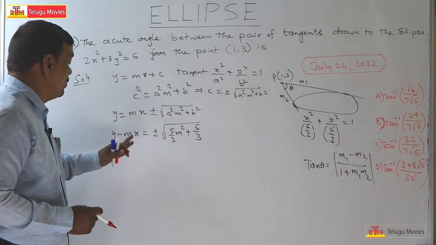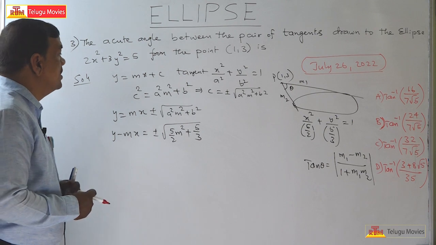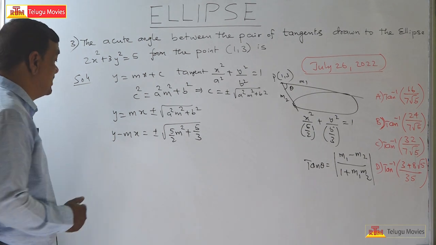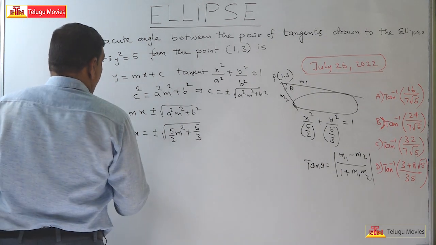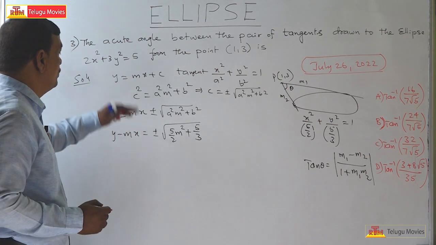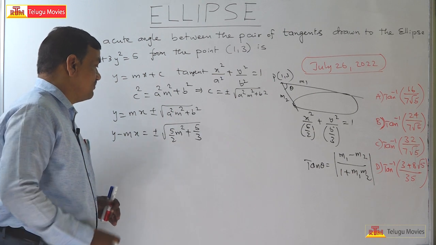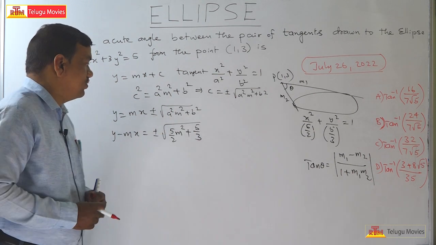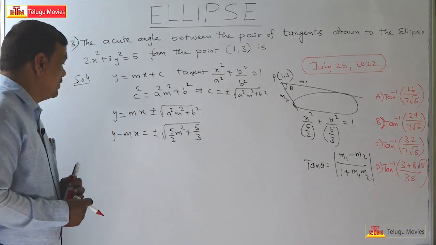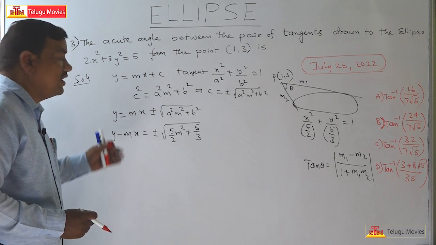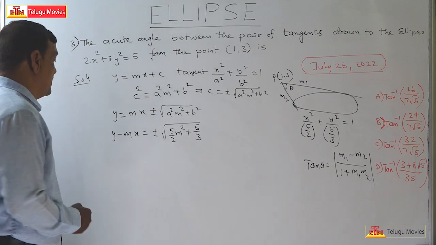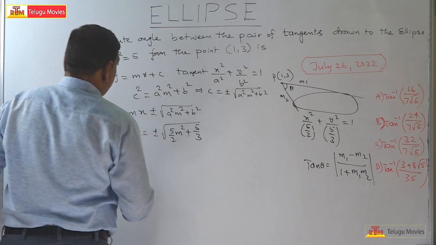Here y = mx + c, and in place of c we wrote √(a²m² + b²), with a² = 5/2 and b² = 5/3. Let us see what happens when we square on both sides.